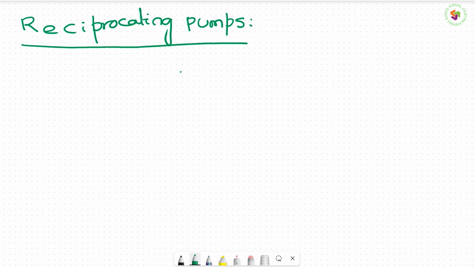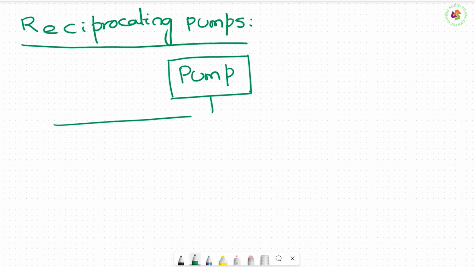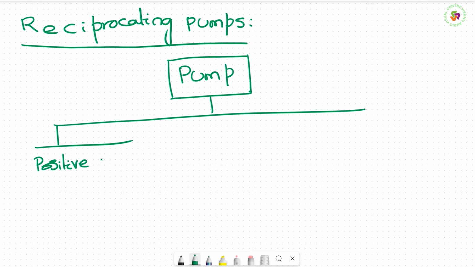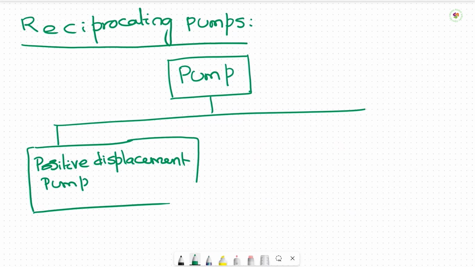I already mentioned the pumps are classified into two types. One is positive displacement pump, and the second one is rotodynamic pump.